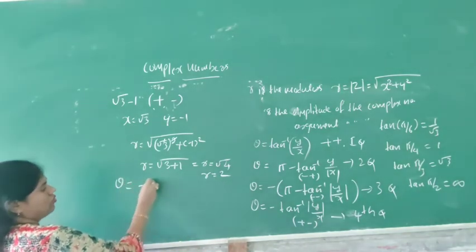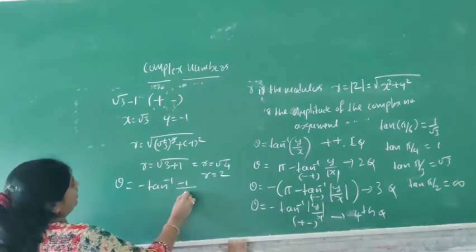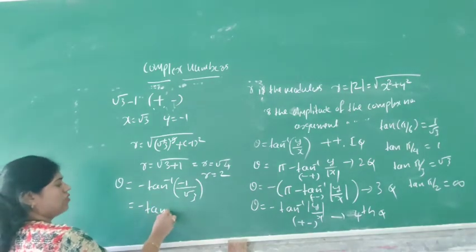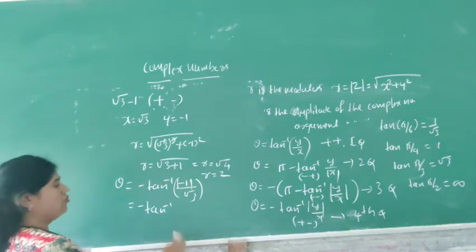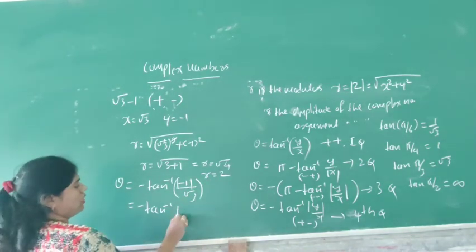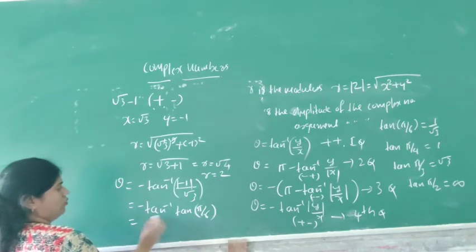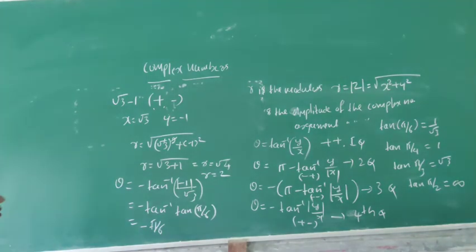So theta is equal to minus tan inverse of modulus of minus 1 divided by root 3, so minus tan inverse of 1 by root 3, which is tan pi by 6. So which is equal to minus pi by 6.